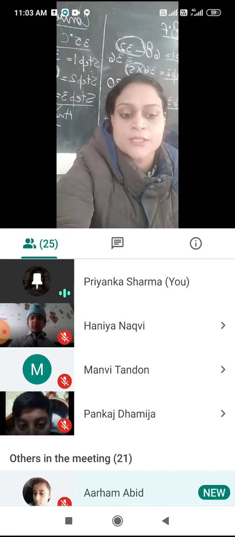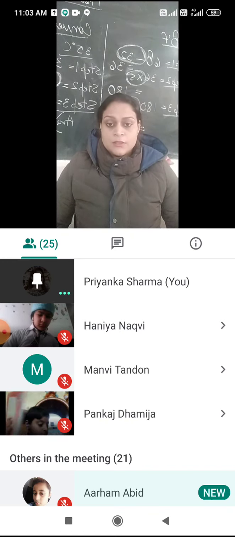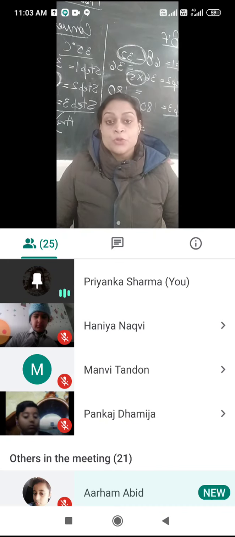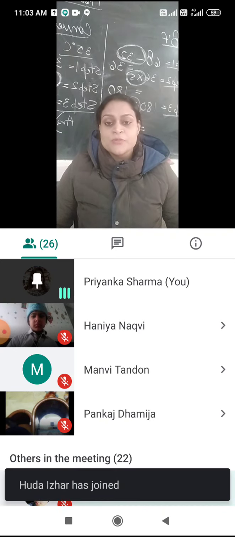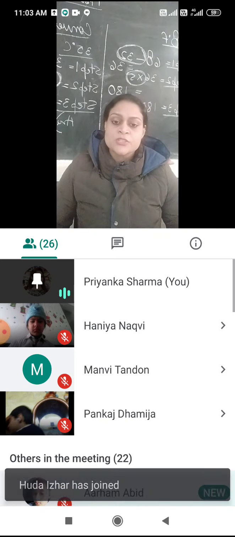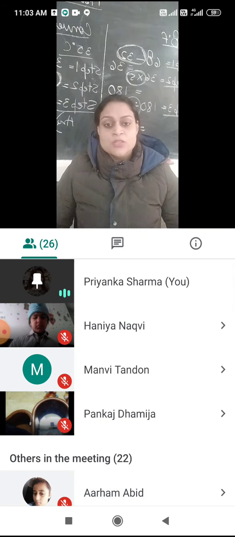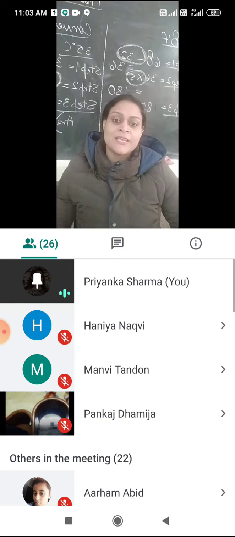Then the third type is opaque objects. Opaque objects do not allow light to pass at all, like the table, the wooden chair, you yourself; your body does not allow light to pass through it. That's why opaque objects form shadows. Only opaque objects plus some of the translucent objects form shadows, but the best shadows are formed by opaque objects.